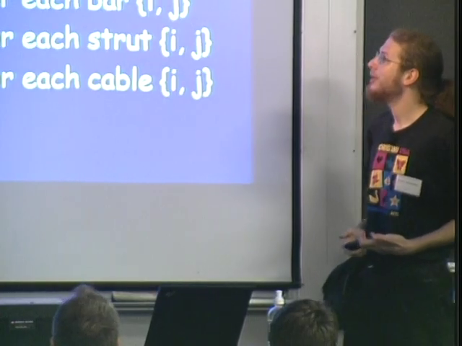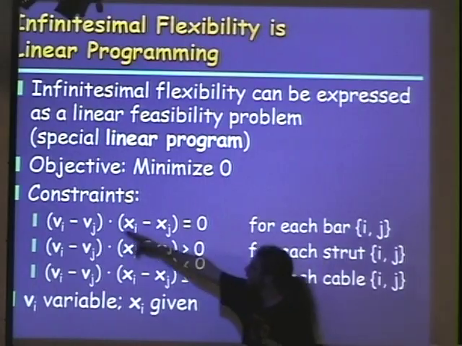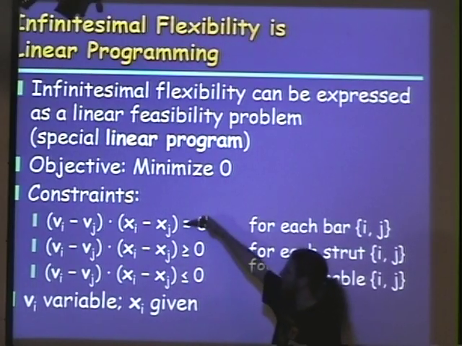So with tensegrities, and in particular infinitesimal motions, you get a connection to linear programming. And that'll be useful because then we can use linear programming duality and learn something from it. We used to have this constraint, this linear equality, that the bar length should stay the same.